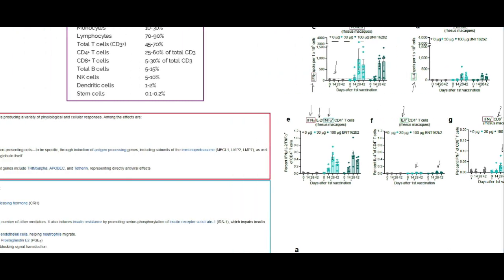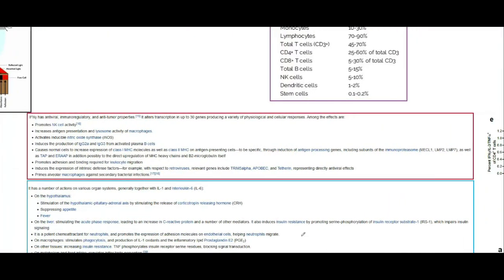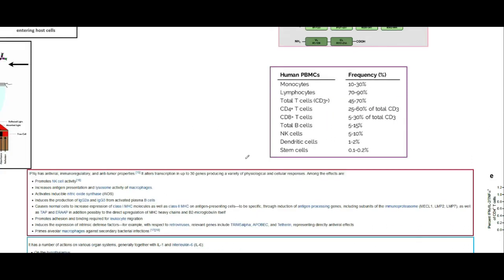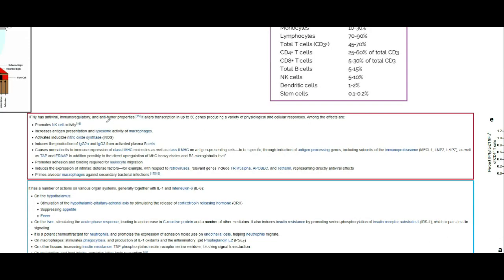And over here, I just copied from Wikipedia what the interferon gamma does, and that does things like promote natural killer cell activity. Natural killer cells being one of our PBMCs. It's a type of white blood cell. It increases antigen presentation, which is what we are trying to do with this S1, is have our vaccine, which is an mRNA, start producing this antigen.